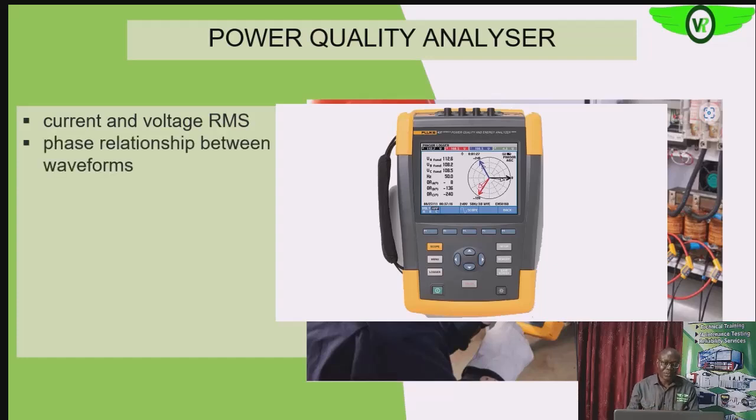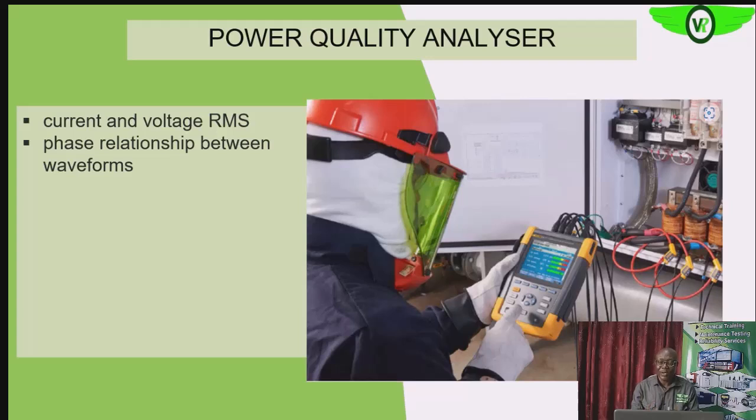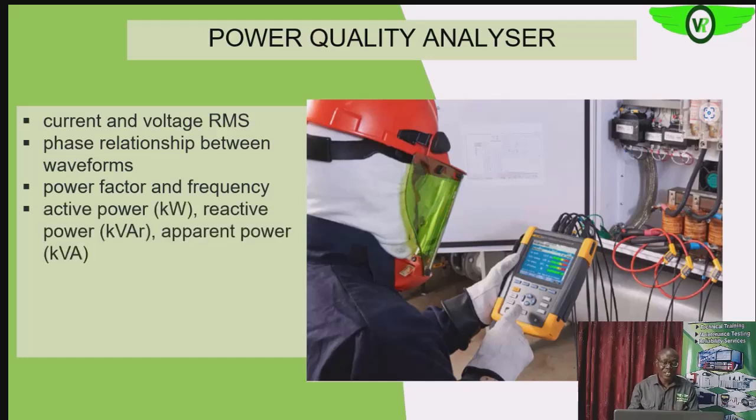It will also help us to look at the phase relationship, which we also saw earlier, whether the phase relationship between the three phases of our power supply is normal. We also look at the current relationship, the power factor and the frequency of operation. Then the active, reactive, and the apparent power.